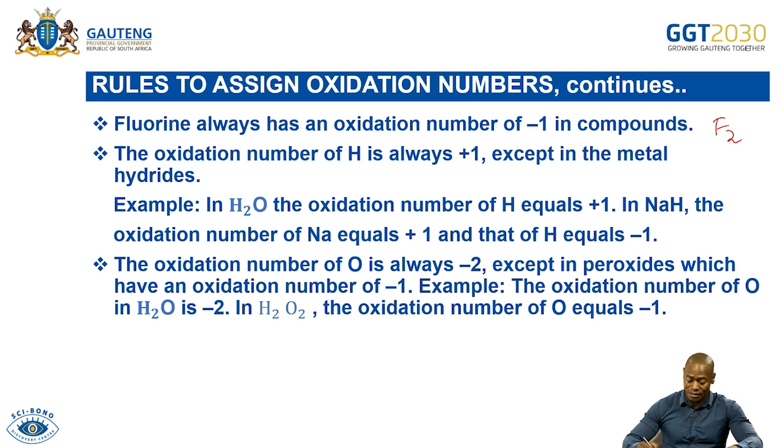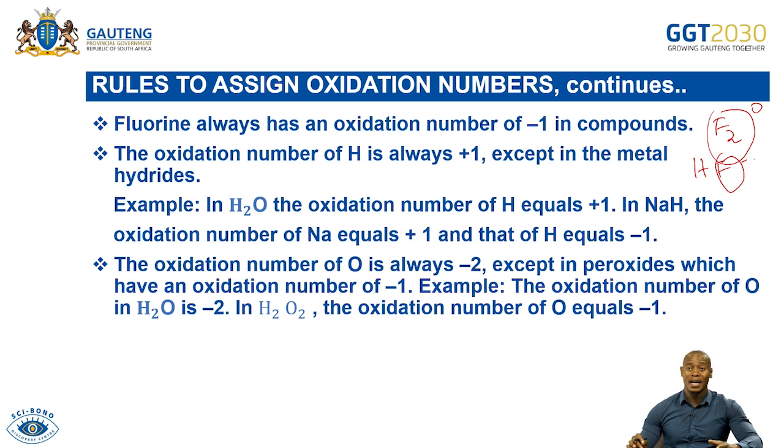So what is its oxidation number? Remember, it's an atom in a pure element, right? So its oxidation number here will be 0. But in a compound, HF, for example, its oxidation number will be -1. So I hope you'll see the difference here. They are not saying it is always equal to -1, even if it's on its own, right? So if it's on its own, remember, it's an atom in a pure element, right?